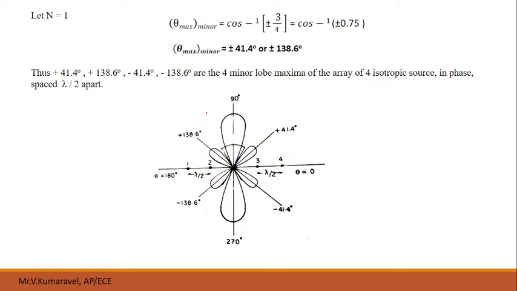Now the minor lobe maxima are at 41.4 degree, minus 41.4 degree, 138.6 degree, and minus 138.6 degree, and these 4 are our minor lobes. Now we need to find the minor lobe minima.